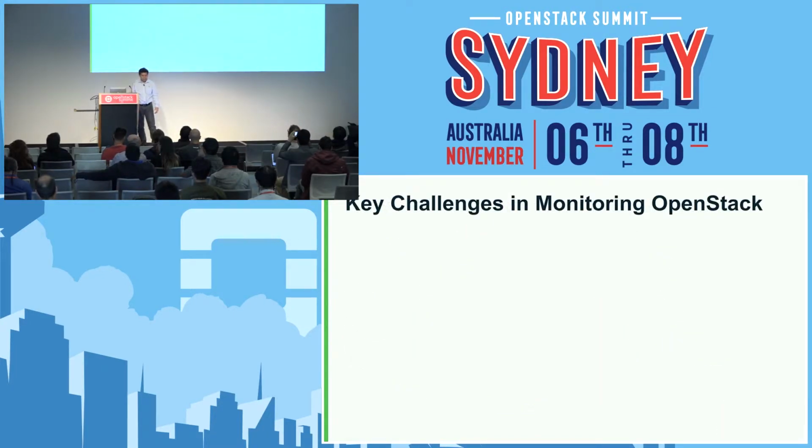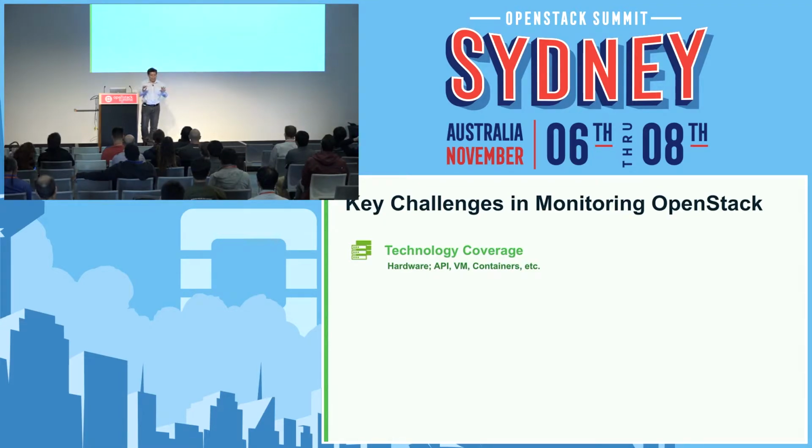The first challenge is the technology that you need to cover. In the full OpenStack stack, there is the underlying hardware that you need to monitor, like the compute nodes, the servers, the networking services, and also the OpenStack core API services. You need to make sure they are healthy as well. You also have the OpenStack service dependencies, like MySQL and RabbitMQ.